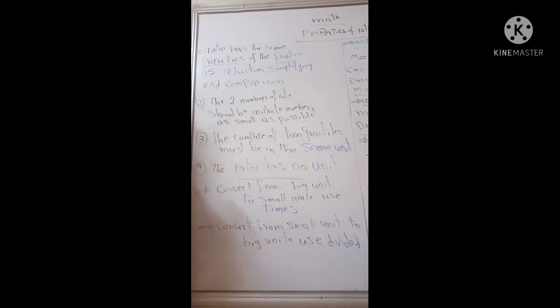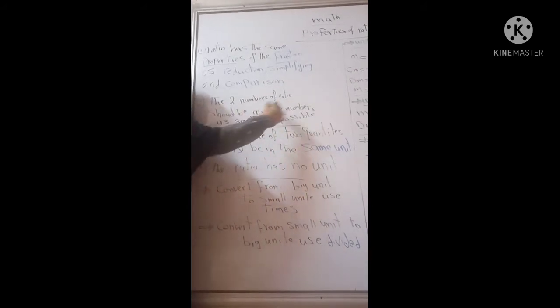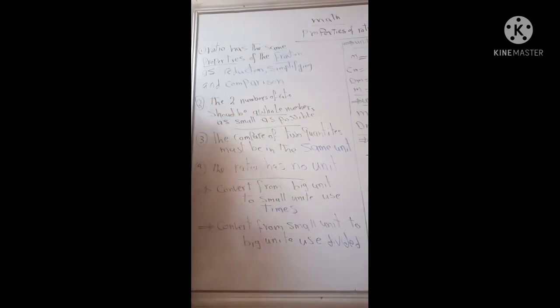The second property is that the two numbers of the ratio should be whole numbers. In the last lesson I told you that the ratio must put the two numbers in whole numbers, as small as possible. What I mean by as small as possible is that we put the two numbers in the simplest form.